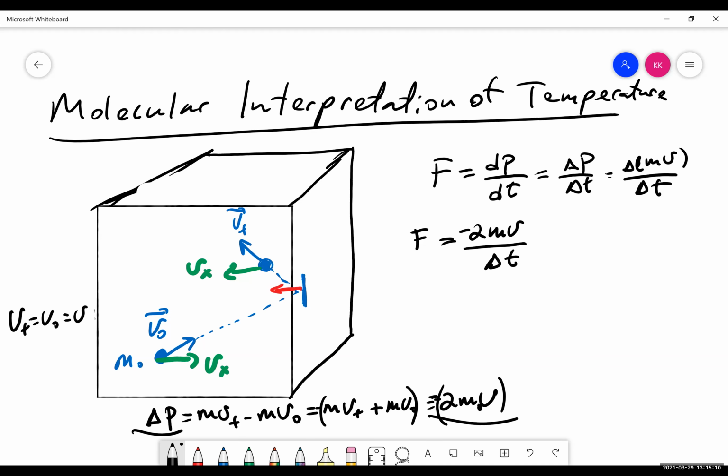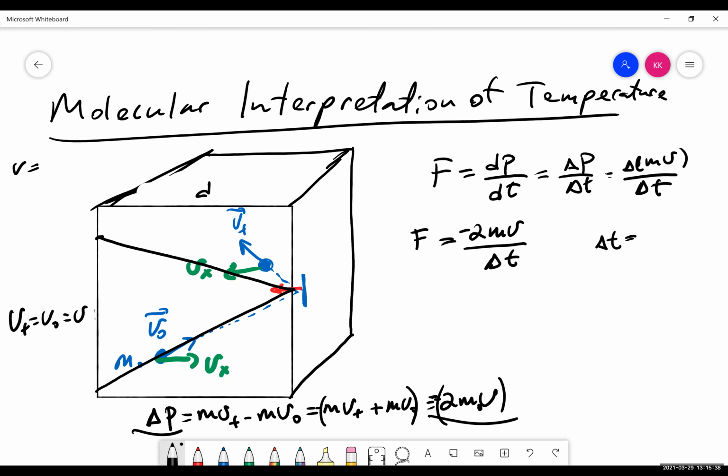This delta t represents the time. Let's say I take this distance to be d. If it starts from one end, hits the wall, and comes back to the other side, that's a time for another collision. So delta t is distance over velocity, using the equation where speed is equal to distance over time.